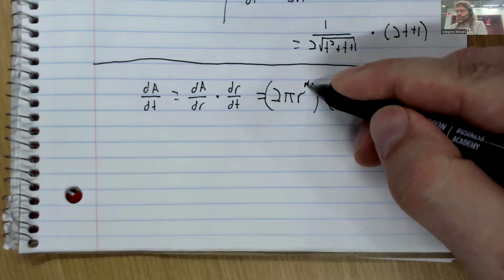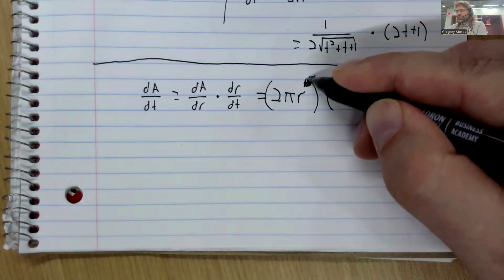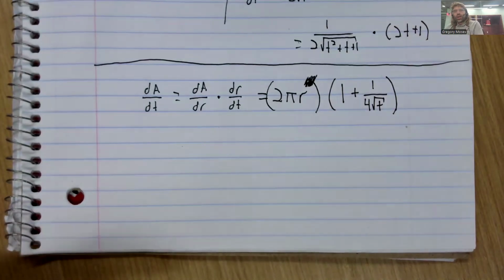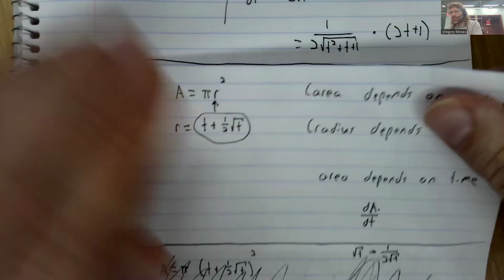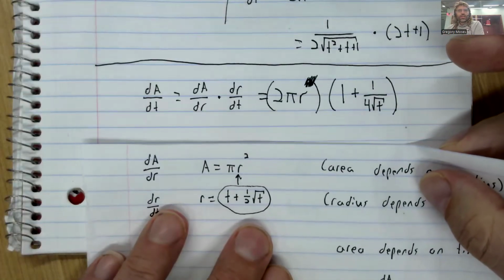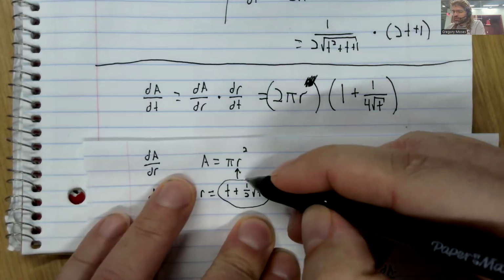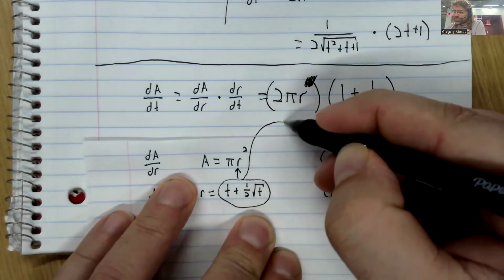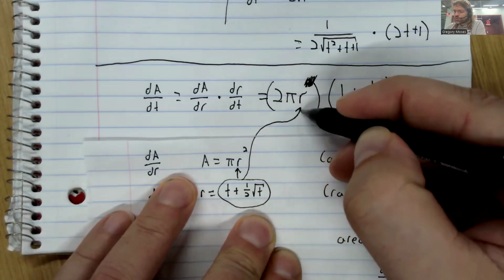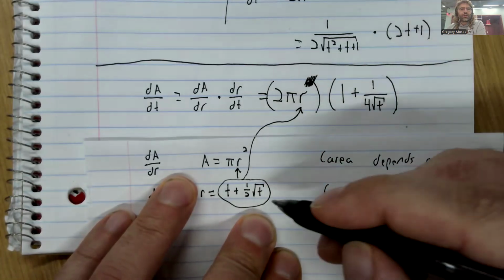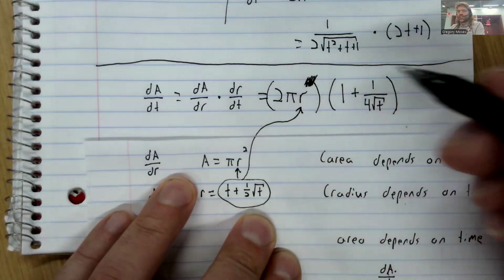Now, let me get rid of that first, because it's not doing anything. r is t plus 1 over 2 the square root of t. So we're going to take this and plug that value of r right in.